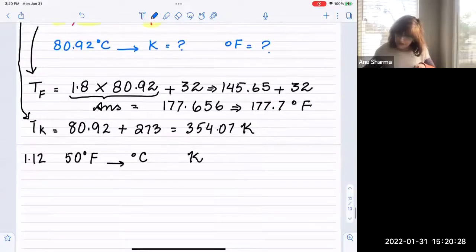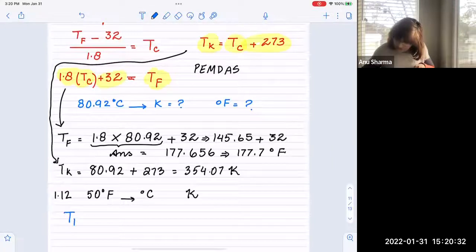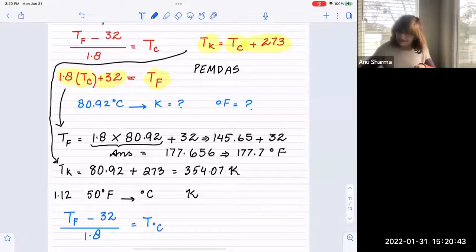You just write the formula, which is TF minus 32 divided by 1.8, and that is going to give you the temperature in degrees Celsius.